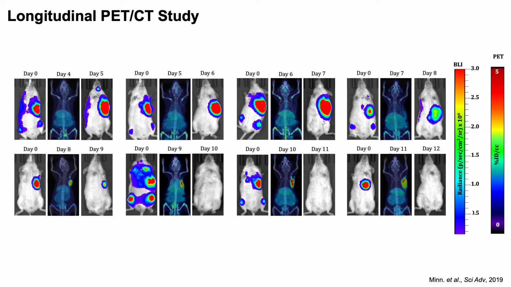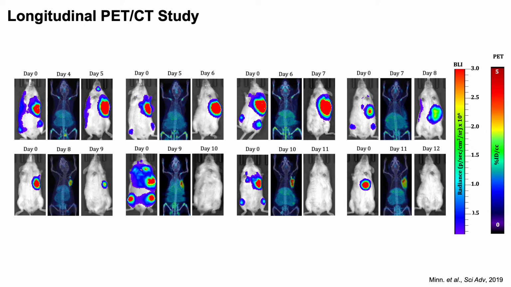Next, we performed a longitudinal PET-CT study in our preclinical model, where we try to recapitulate a clinical scenario. You are seeing 2 different imaging modalities. One, bioluminescent imaging, which demonstrates tumor burden, signals coming from the tumor cells, and in the middle of each panel, PET-CT images and PET signals coming from the T cells, detected by the PSMA and POIL combination.